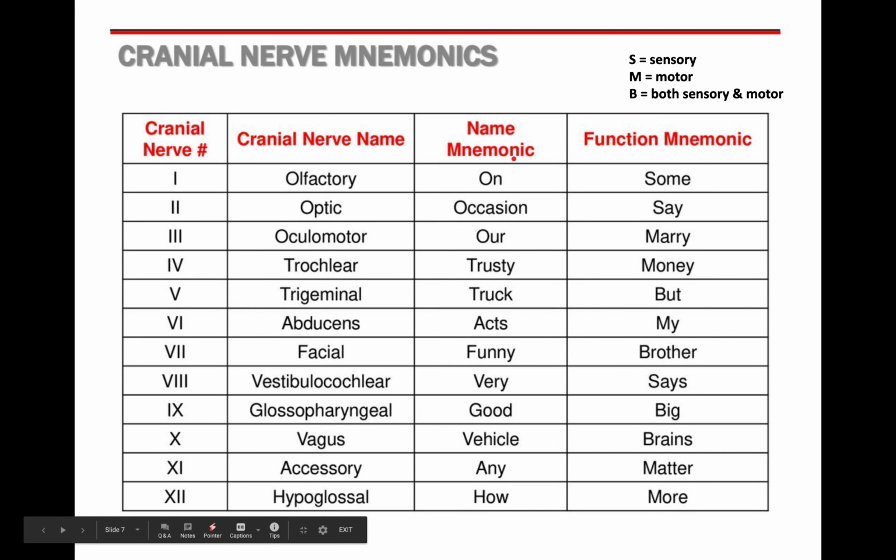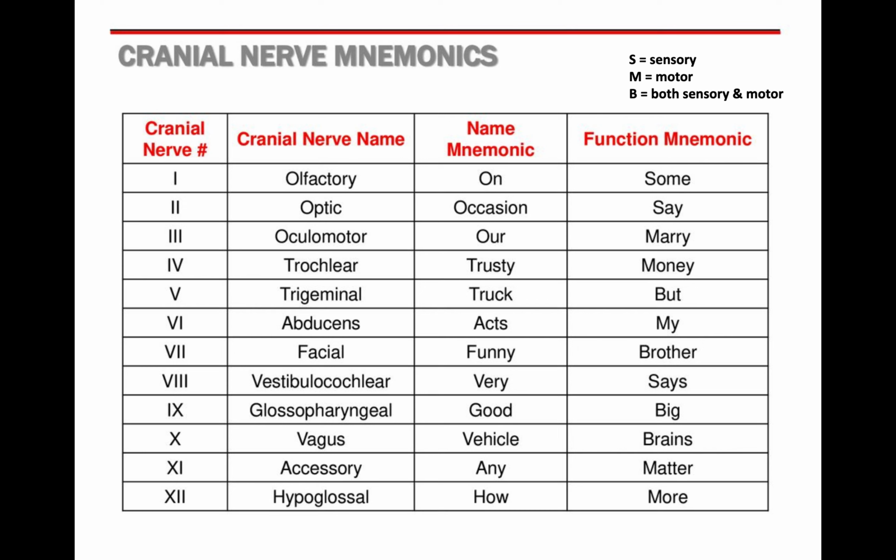The first letters of their names are associated with this sentence: On occasion, our trusty truck acts funny. Very good vehicle anyhow. There are other sentence mnemonic devices that you can use for the names of the cranial nerves. Some of them are equally as tame, and some of them can be a little bit PG-13, and you can look those up yourself if this sentence doesn't work for you.